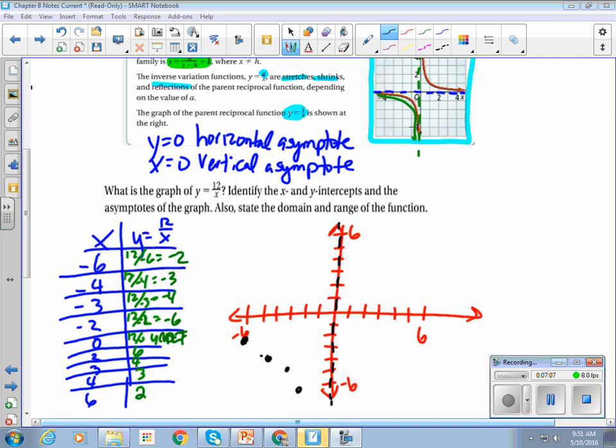So undefined at x equals 0. 2, 6. 3, 4. 4, 3. 6, 2.